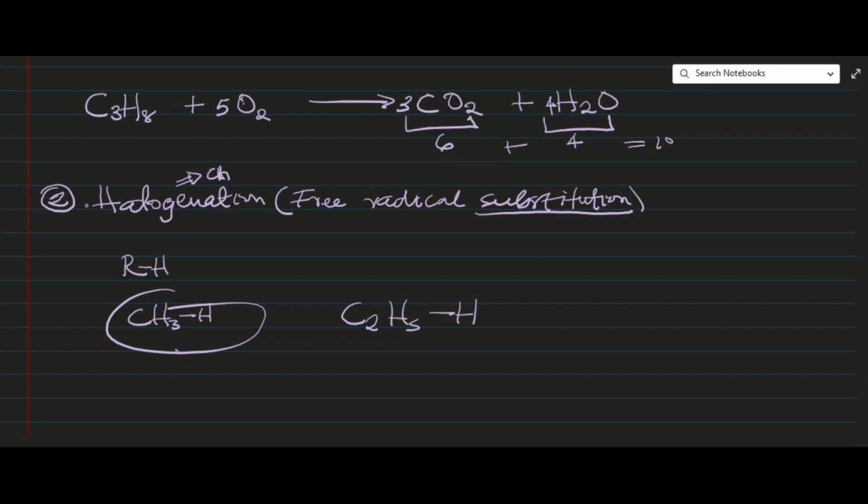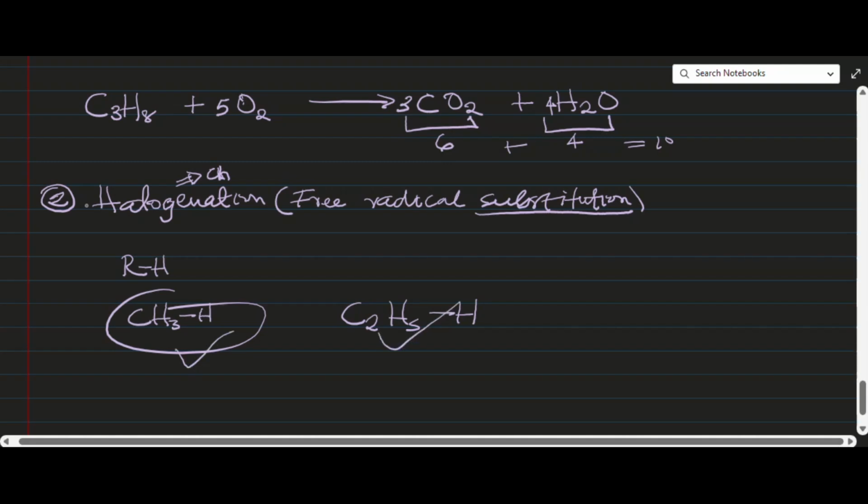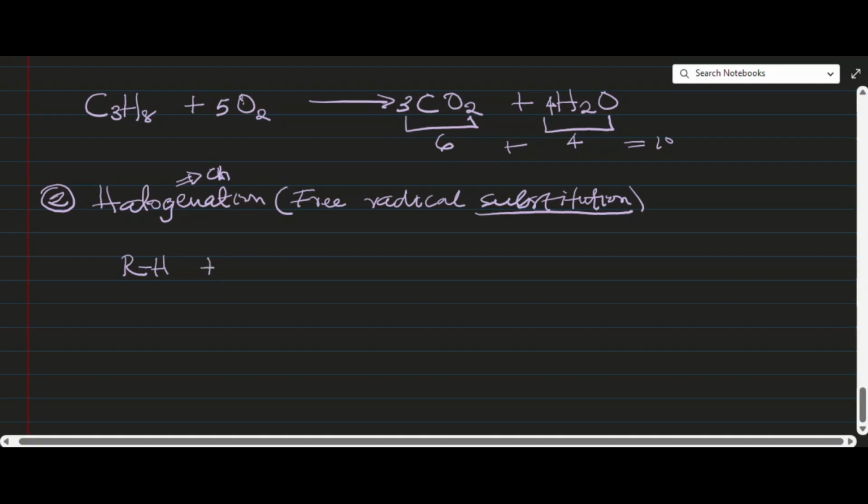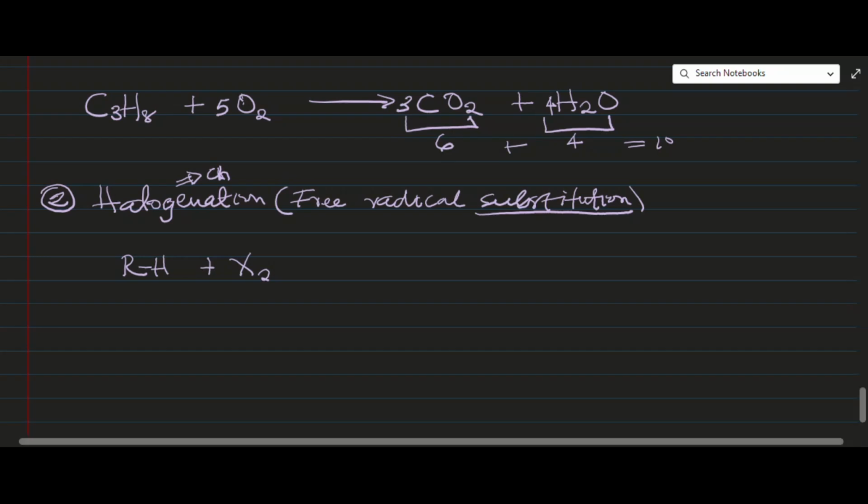That is, this is methane and this is ethane. So just for the purpose of this reaction, to make it easy for you to understand, that is why it is written this way. So X2, X represents our halogen. It can be chlorine, it can be bromine, it can be iodine.